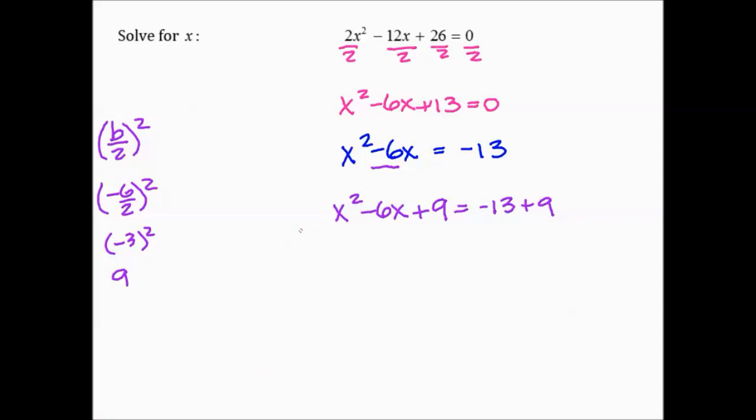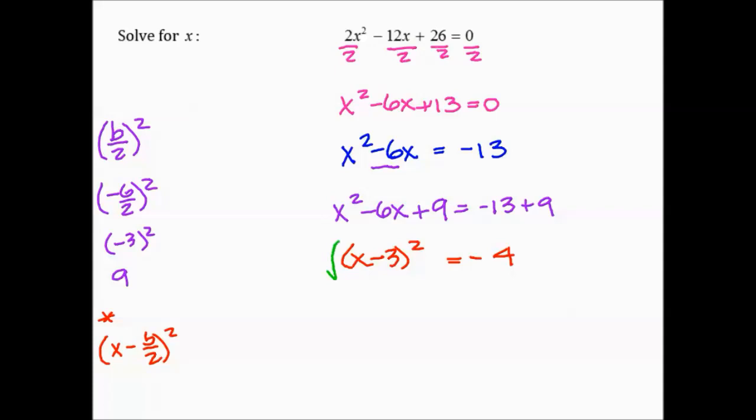Then I need to factor the left side. And when you're factoring, just as a side note, it will always factor to be x minus b over 2 quantity squared. So when I factor this, this is going to be x minus 3 squared equals negative 4.